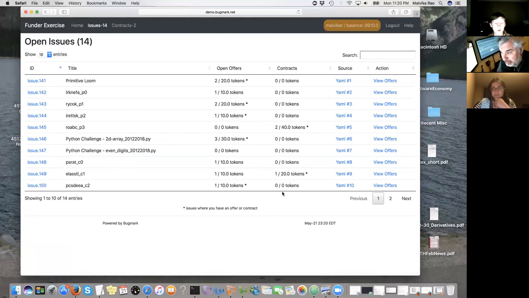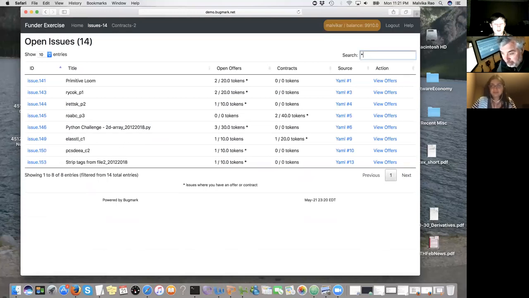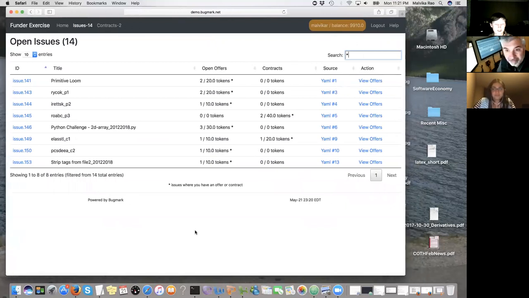And if you want to see only those issues that you have done something with, you can go to the search box and type in an asterisk. And it will filter the list to only those that you have done something with. And here it is. Yep, very nice. So I think that might be helpful as well.